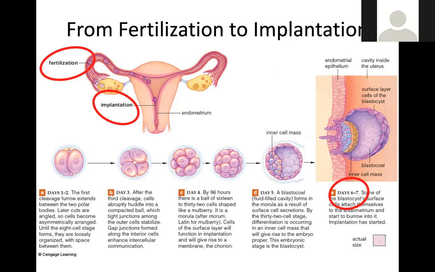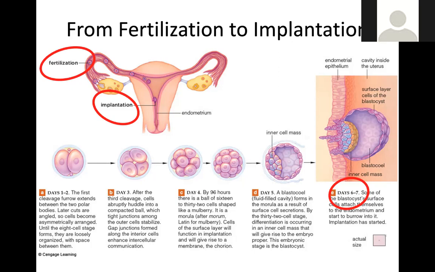This could be considered a tight junction. The other ones we've talked about before are like gap junctions and things like that. But the one we're talking about right now is a tight junction between these cells that are in a tight compact ball on day 3, okay?